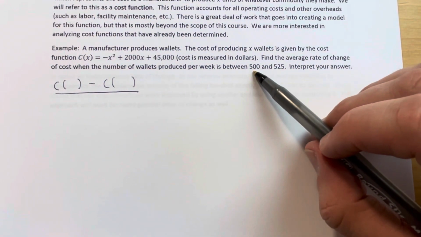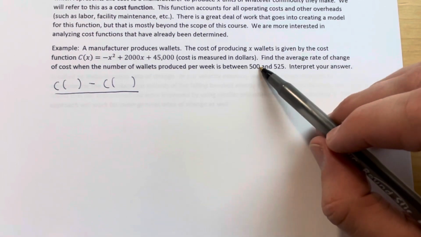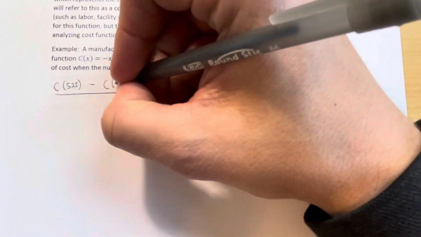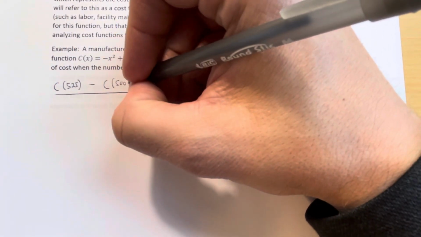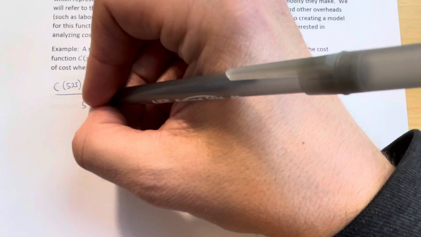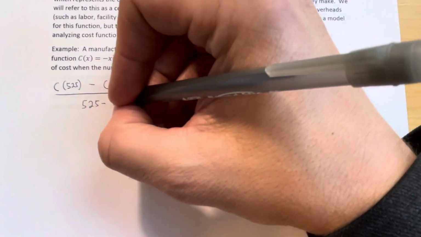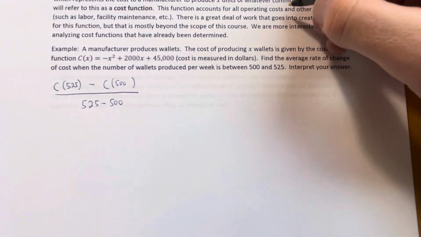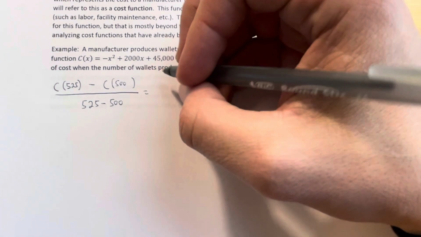We're going from 500 to 525. This determines the interval that we're working with. So 525 goes in here, 500 goes in there, and then down here, 525 minus 500. So output, input, okay?